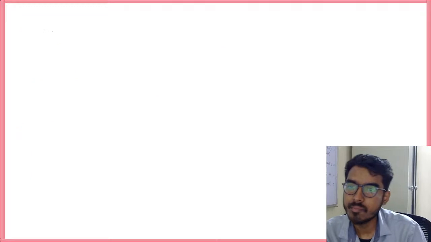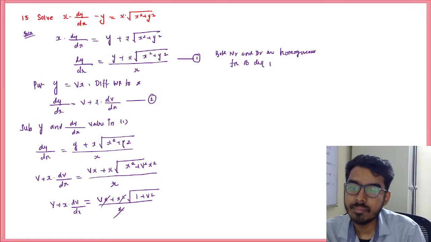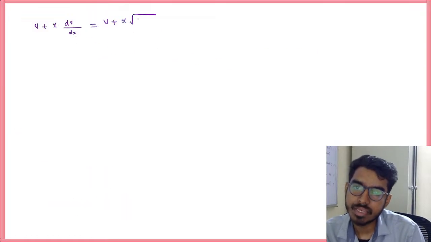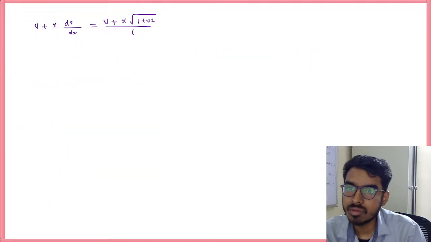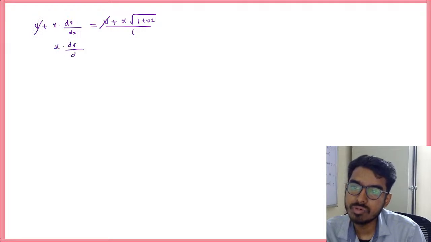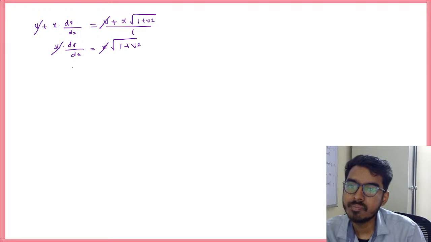So we will have v plus x into dv by dx is equal to v plus x into root of 1 plus v square, right? v and v will get cancelled. Now x into dv by dx is equal to x into root of 1 plus v square. And this x will get cancelled, right?